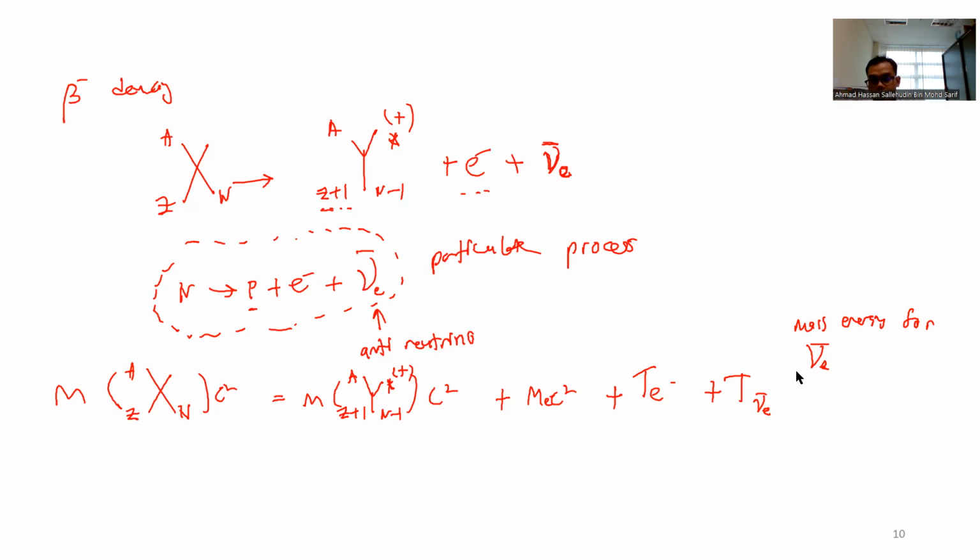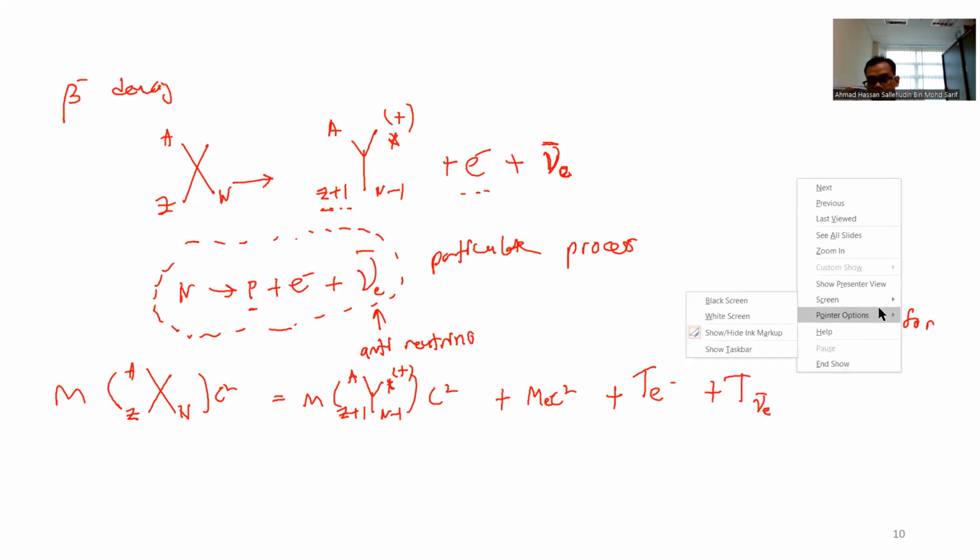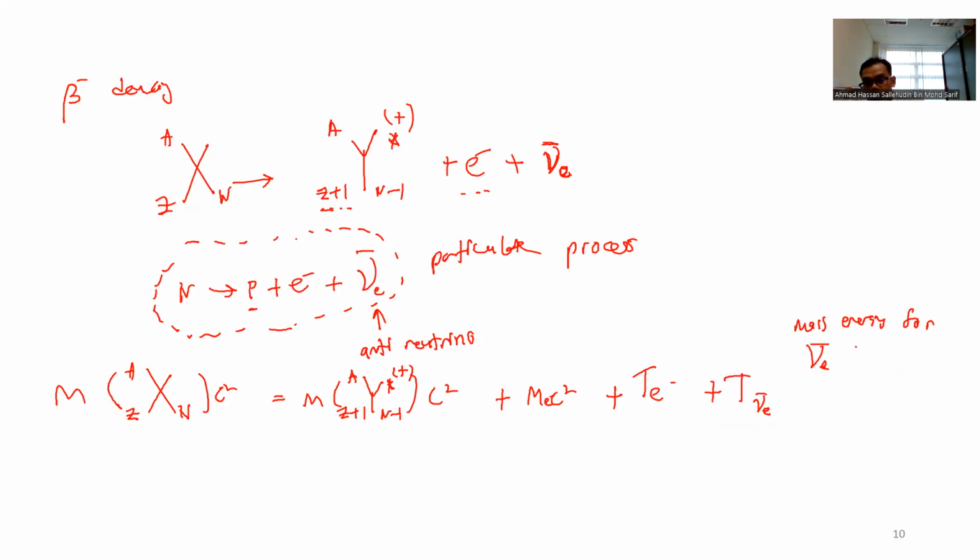It is neglected. It is uncharged, and almost has no mass.